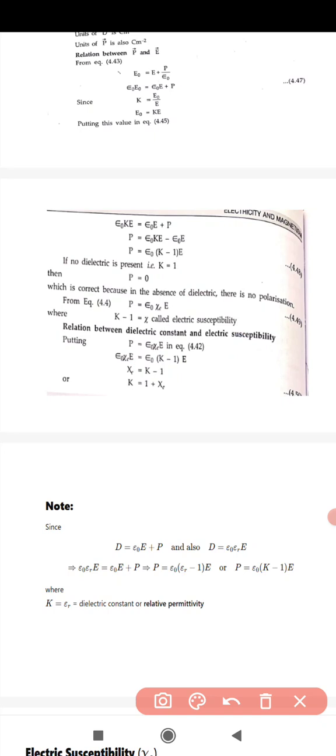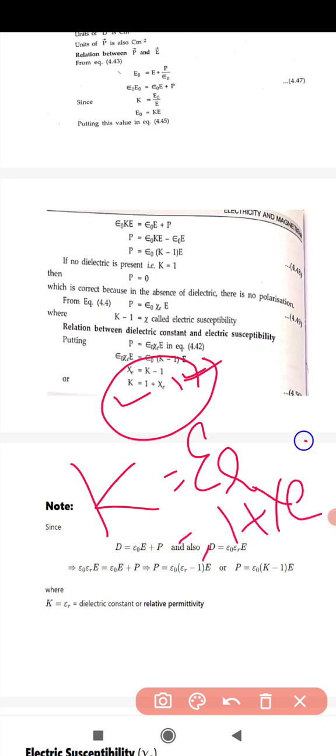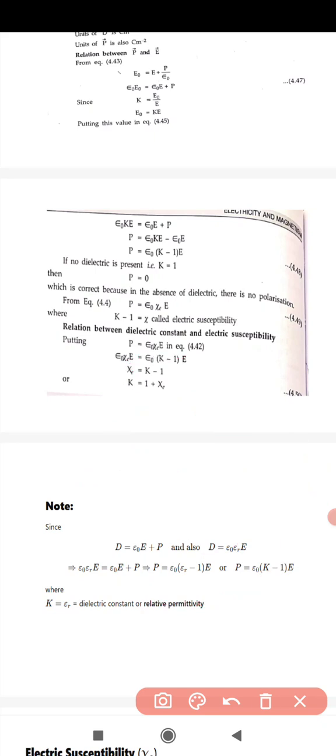We get chi E is equal to K minus 1. I want the dielectric constant K, so chi E moves to this side. So we get K is equal to 1 plus chi E. K is the dielectric constant epsilon R, and in terms of electrical susceptibility it is 1 plus chi E. This is the relationship between dielectric constant and susceptibility.